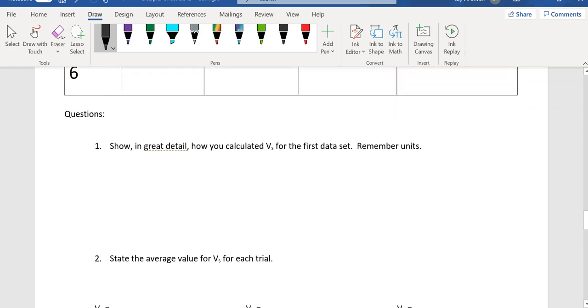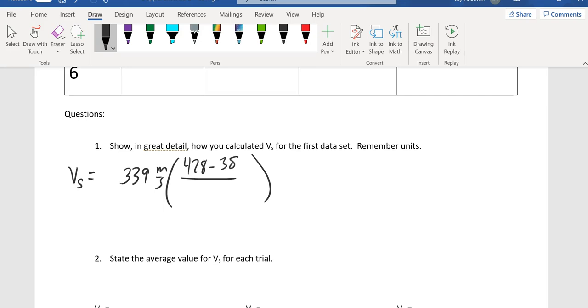I'm going to take the speed of sound as about 339 meters per second, and we have 428 minus 389, over 428 plus 389.